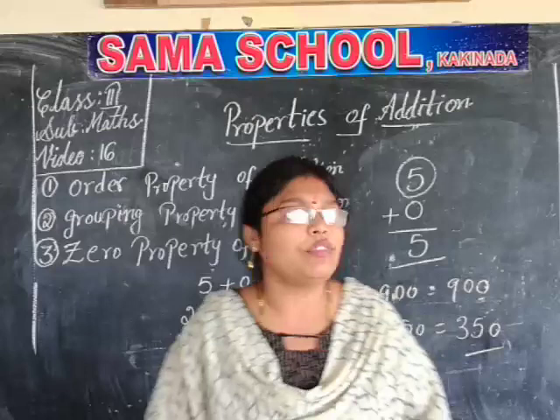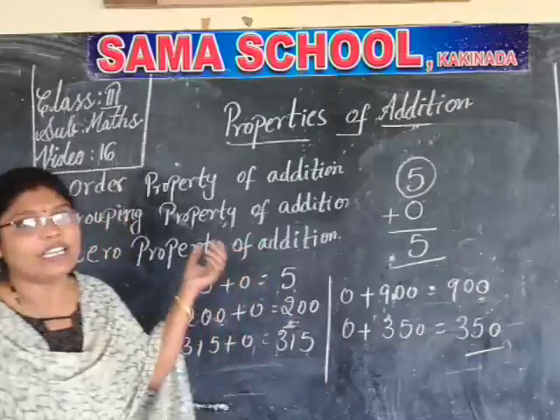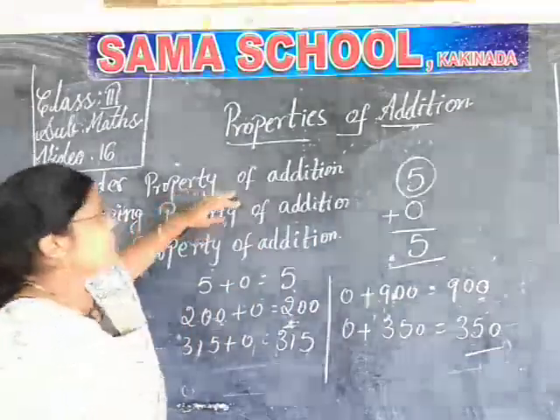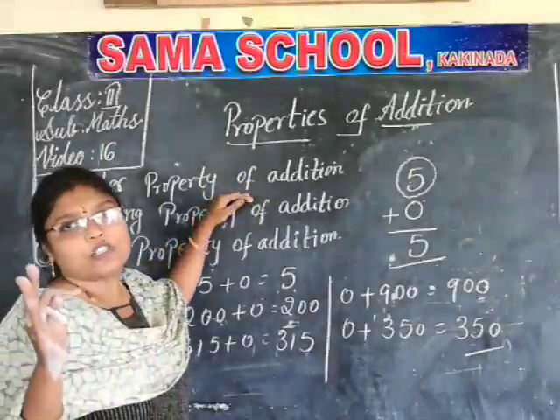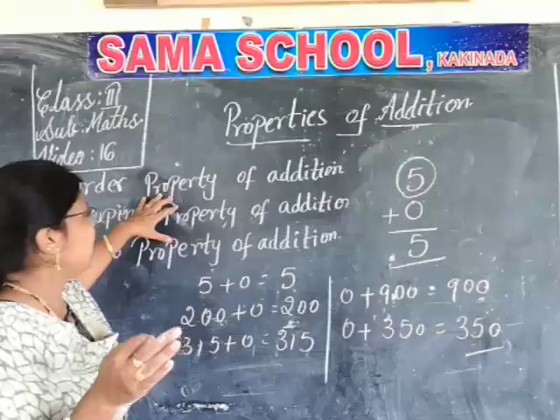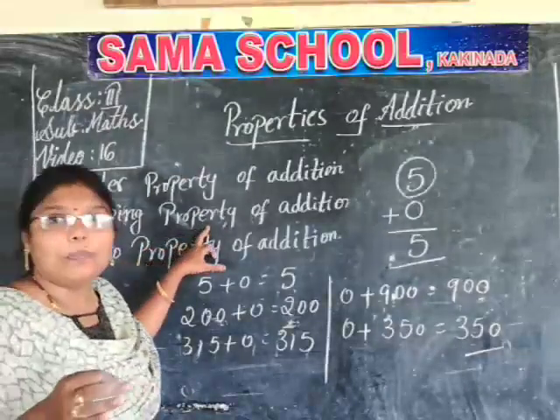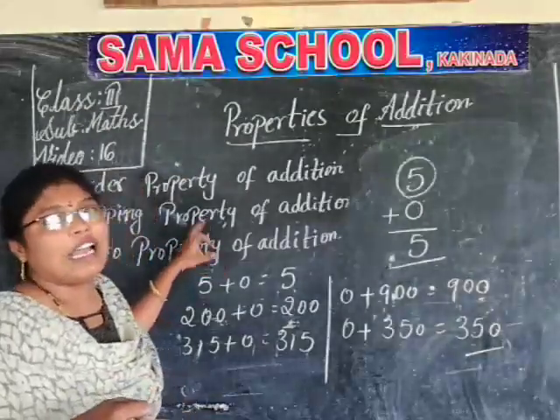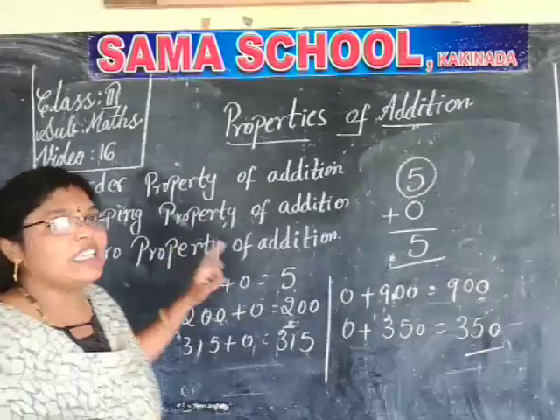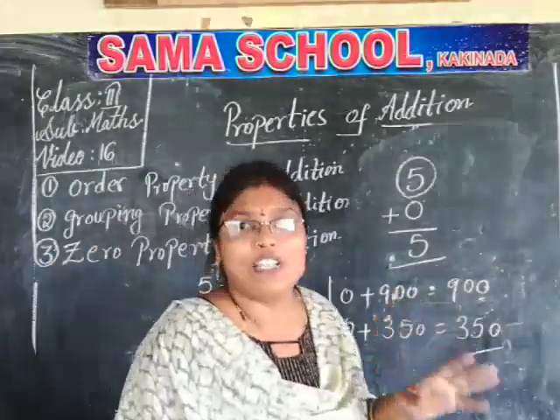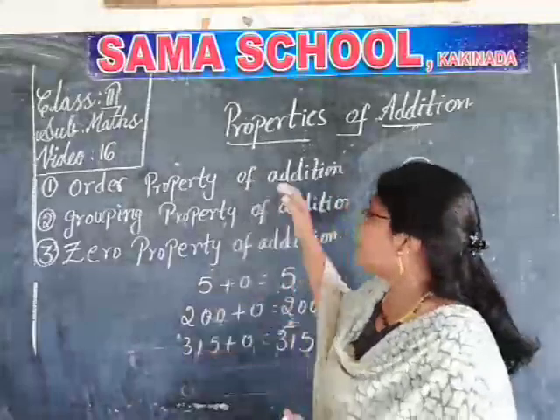So what we have learned, children, once let us revise the properties. There are three properties of addition. The first one is order property, the second one is grouping property of addition, and the third one is zero property of addition. So what is order property?